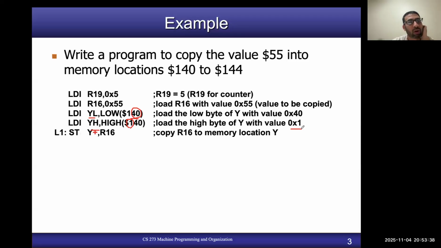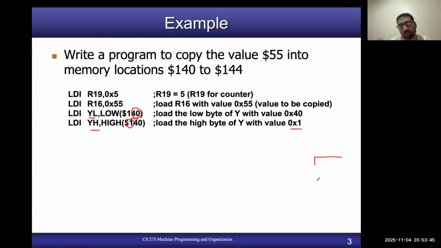If you want to visualize how it will look, let me quickly draw it here. Let's say this is the first byte where we want to write the value of 55, and the address of this byte in the memory is 140, right?